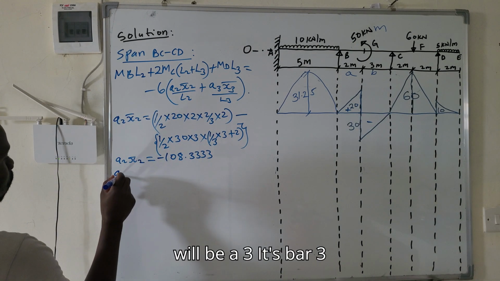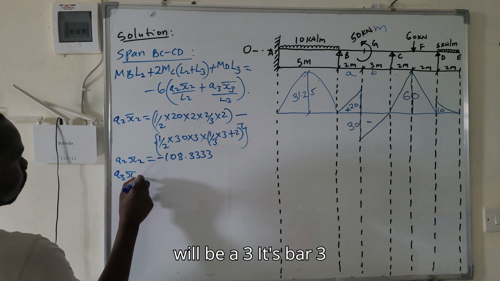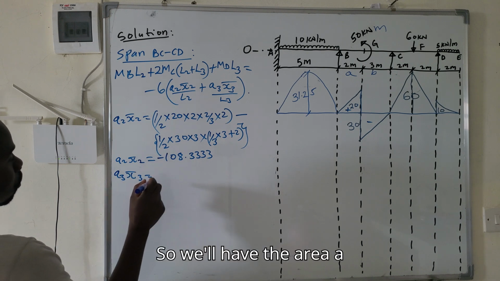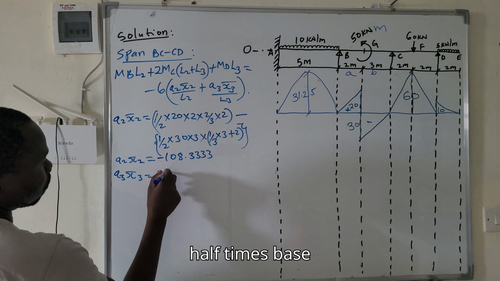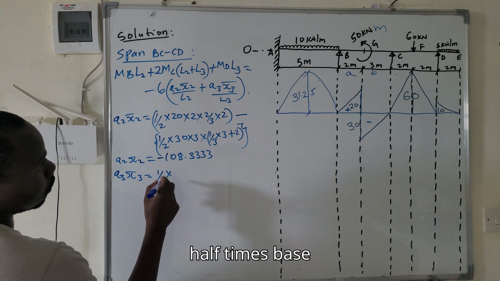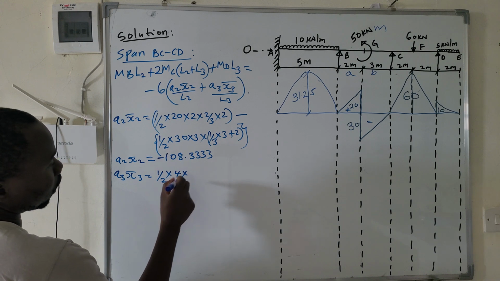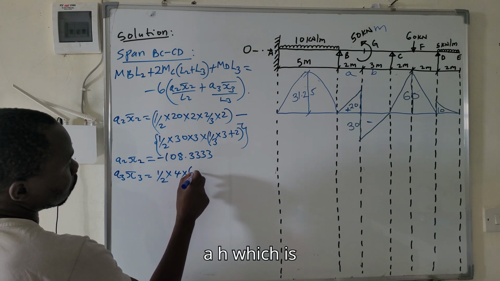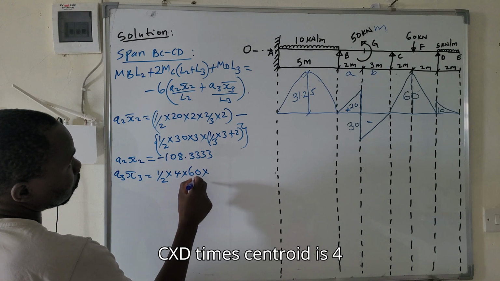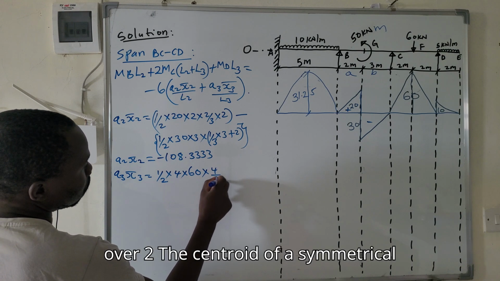So it will be A3 x bar 3. So we'll have the area, a half times base, which is 4, times h, which is 60, times centroid, which is 4 over 2.